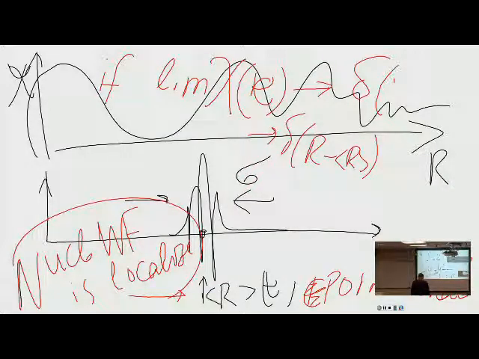Maybe 80 years ago. But it's more about periodic potentials. I'm sure that Ben knows the answer.